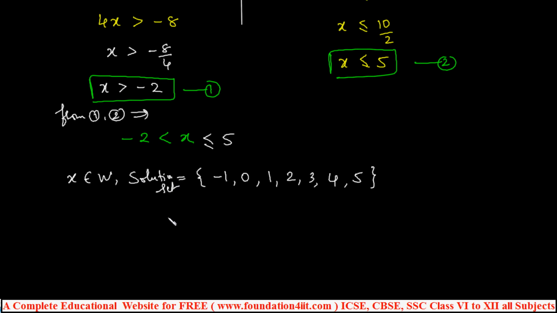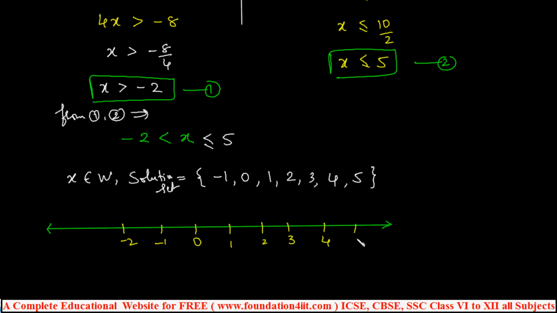Right, this solution set we can represent on the number line as below. You can draw the line. Account the values we need to keep, because the maximum value is 5 and the minimum is minus 1. So we can arrange this: 0, minus 1, minus 2, and on this side 1, 2, 3, 4, 5 and 6, and so on.